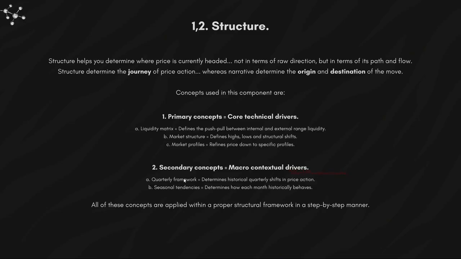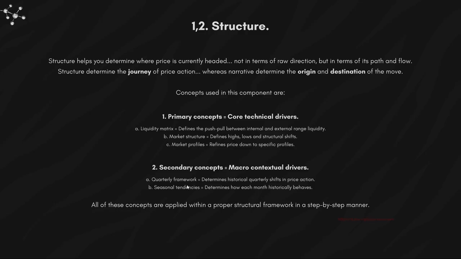Okay, let me explain what I mean by that. So you can see we've got two concepts within this category. First the quarterly framework, or the quarterly shift framework, and then the seasonal tendencies. Now the quarterly framework is basically looking at price and seeing what it has done in the past 3 to 4 months, or asking yourself what was the predominant direction of price in the past 3 to 4 months.